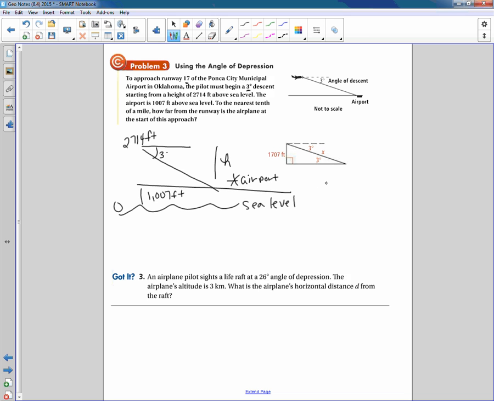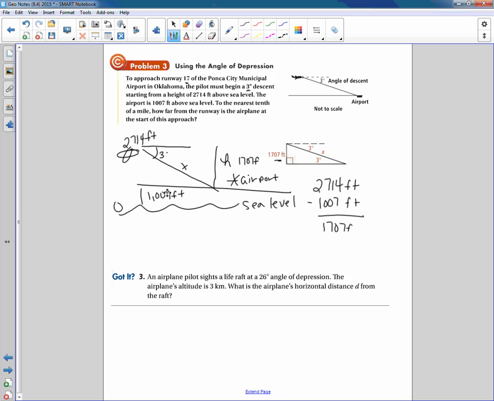So we say the airplane is 2,714 feet above sea level, and the airport is 1,007 feet above sea level. So that's a difference of 1,707 feet, which is shown here. So this is 1,707 feet. We want to know how far the airplane is away. So how far are they going to have to descend here, right, until they get to the actual airport.